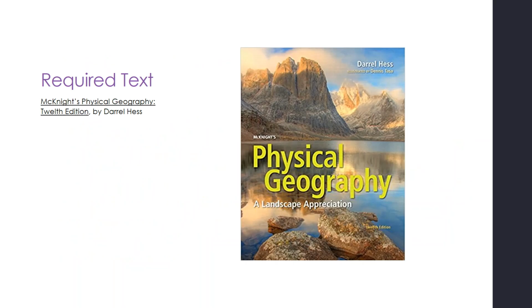Your required textbook for the class is McKnight's Physical Geography, 12th edition, by Darrell Hess, which is available for use at the Miramar Library if you don't want to purchase it. You are also welcome to use the 11th edition of the book. Not much changes for physical geography between the 11th and 12th edition.